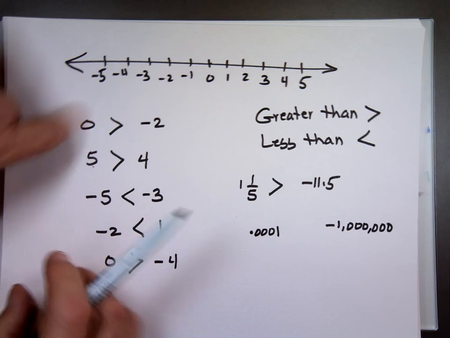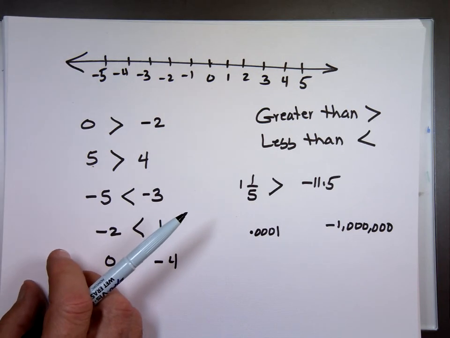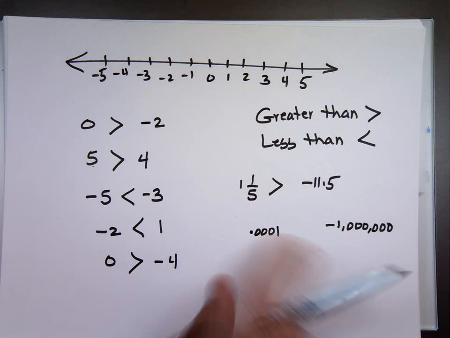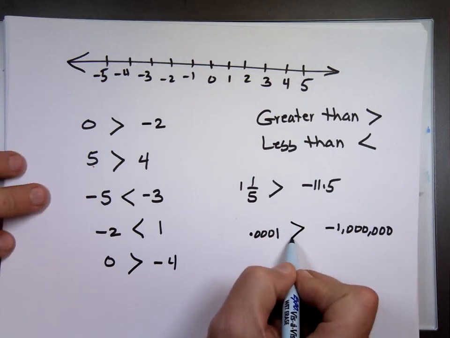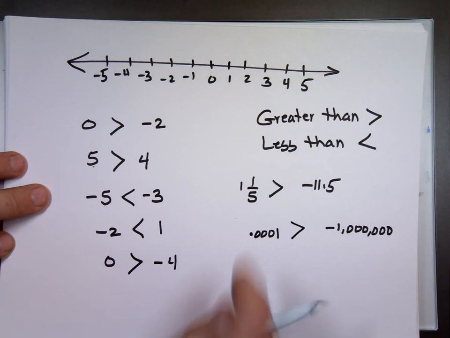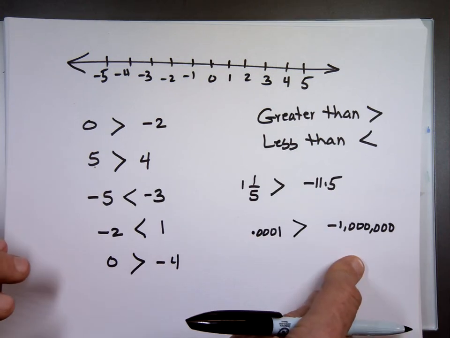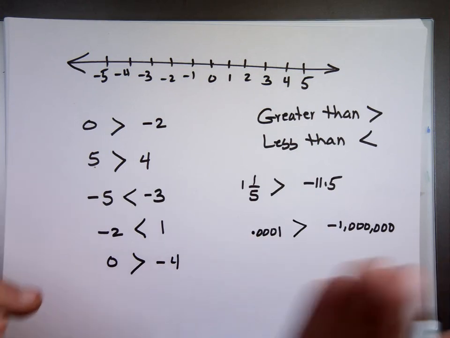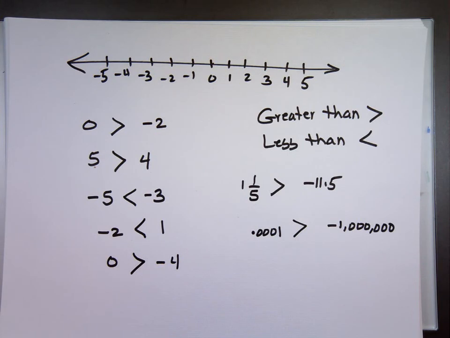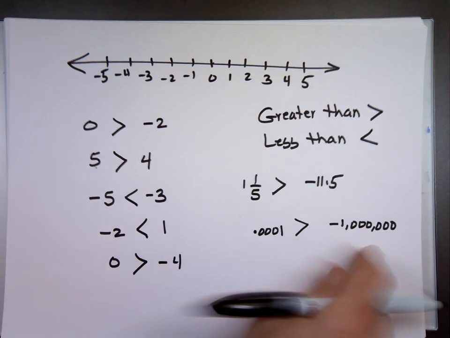Keep walking all the way to the left. So which one's bigger? That number. People struggle with negative numbers. How can this number be bigger than that? The number on the right is always bigger than the number on the left. Doesn't matter how small, how big the value of them, the absolute value.